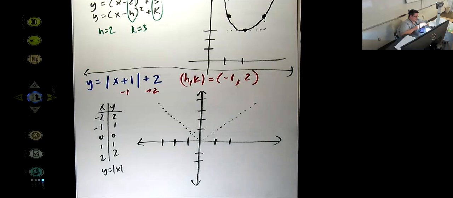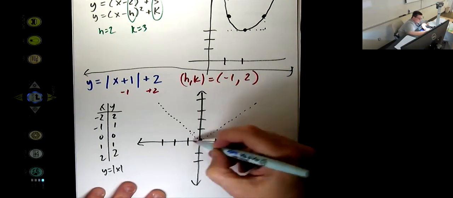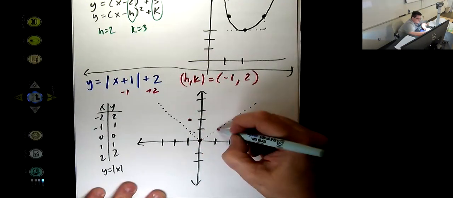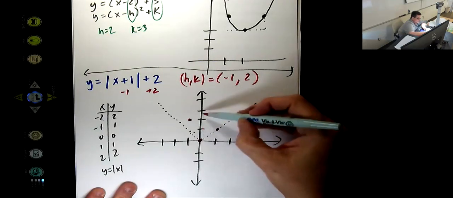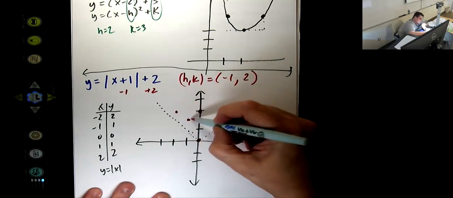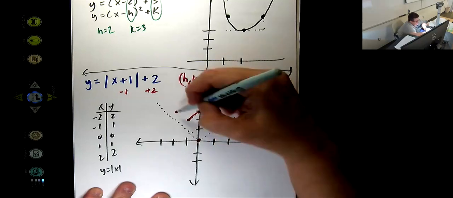And what I'm gonna do is drag those points. This one was here, I'm gonna drag it to -1, 2 and put it up here. This one was 1, 1. I'm gonna drag it to -1, 2 and put it there. We should get the V going on there. Why am I doing a dotted line? I can just draw it.